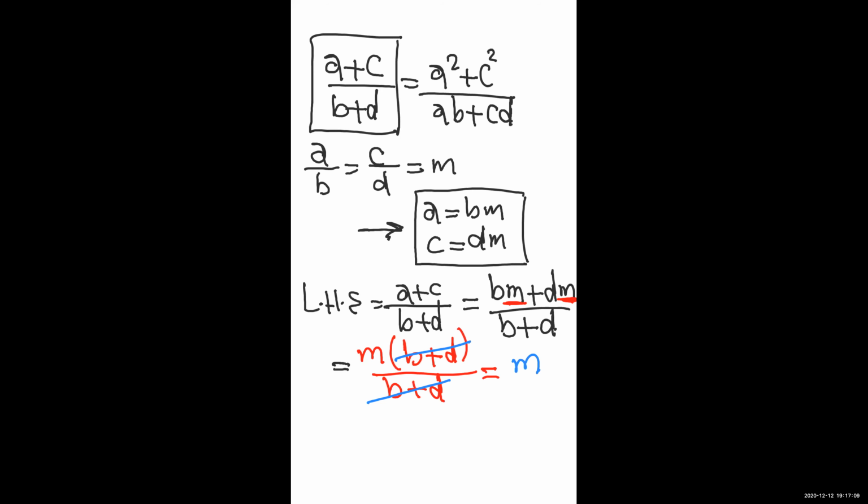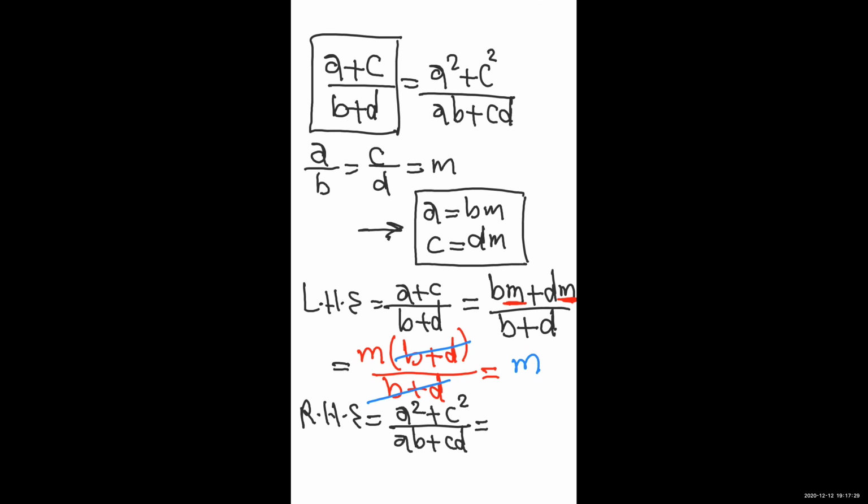Now get the right hand side. So the right hand side will equal A squared plus C squared over AB plus CD.